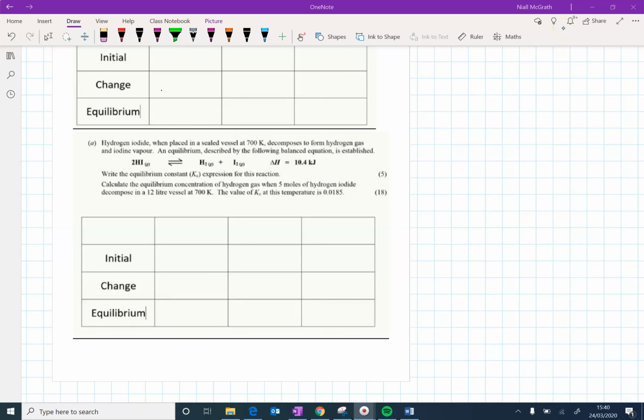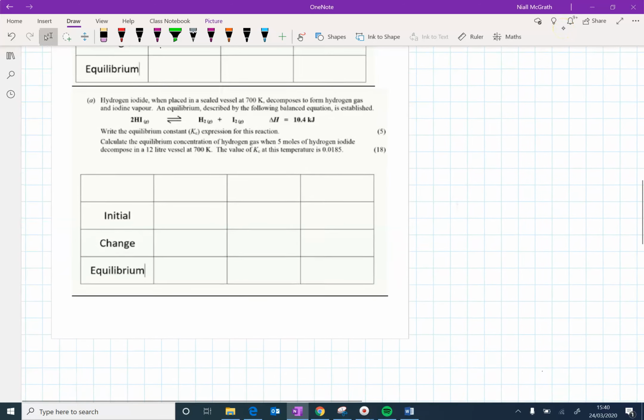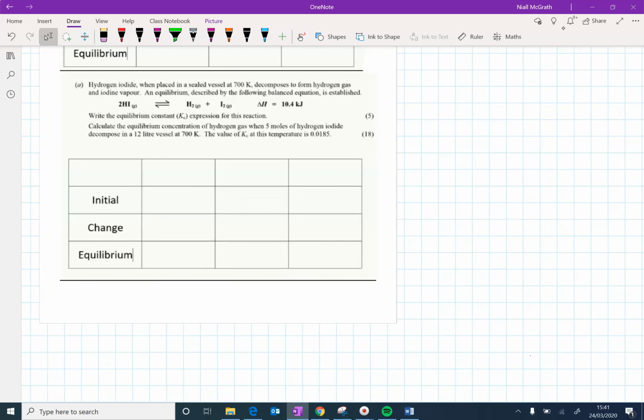In this video, we're going to look at two more examples of equilibrium calculations. So in this question, hydrogen iodide, when placed in a sealed vessel at 700 Kelvin, decomposes to form hydrogen gas and iodine vapor. An equilibrium described by the following balanced equation is established.